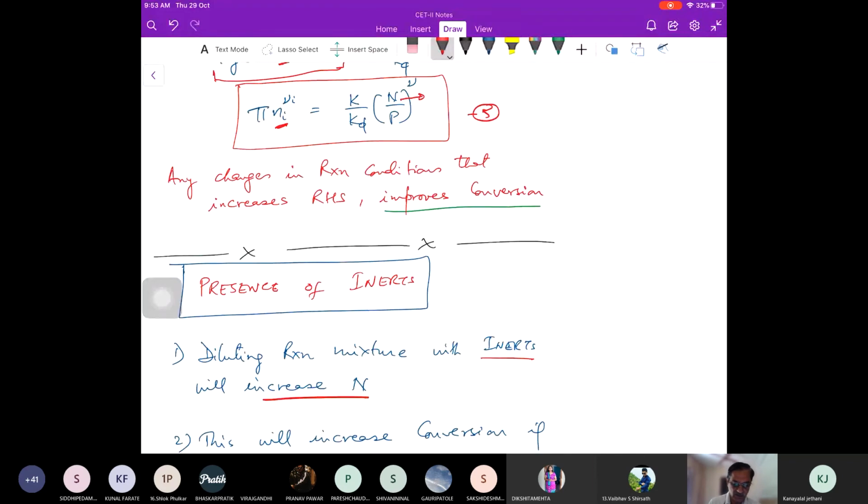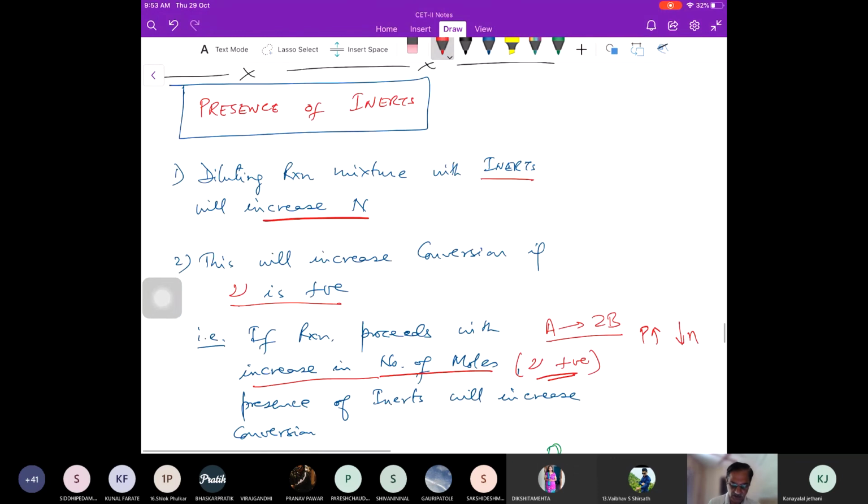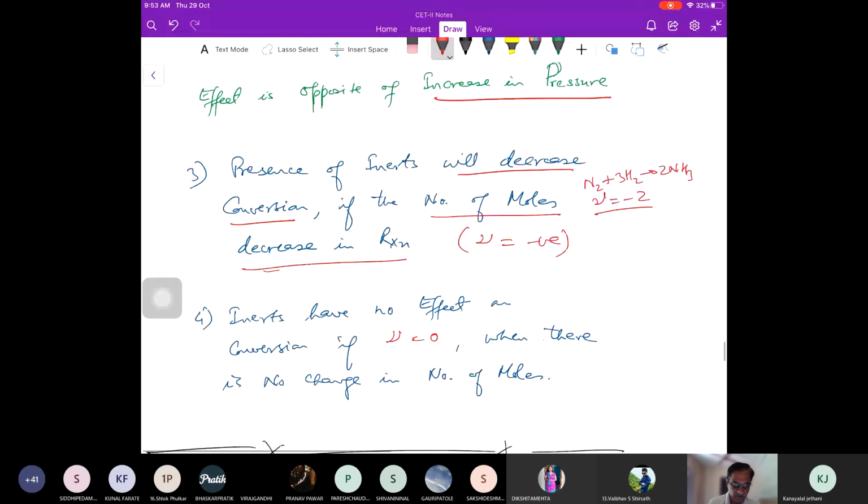If I add inerts here, ये -2 हो जाएगा, right? जितना बढ़ाएंगे उतना इफेक्ट उल्टा हो जाएगा. Right? Presence of inerts will decrease conversion if the number of moles is decreasing in reaction. क्योंकि राइट साइड रिड्यूस हो जाएगा, n raised to power of -2 हो जाएगा, राइट? ये -2 है, तो राइट हैंड साइड विल डिक्रीज. राइट हैंड साइड डिक्रीज हुआ तो अमोनिया कम हो जाएगा. ठीक है, समझ में आया इफेक्ट ऑफ इनर्ट्स?